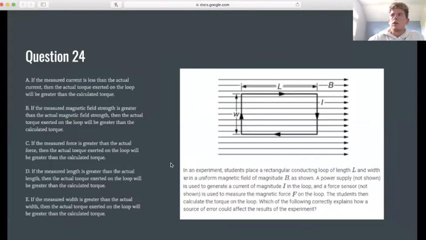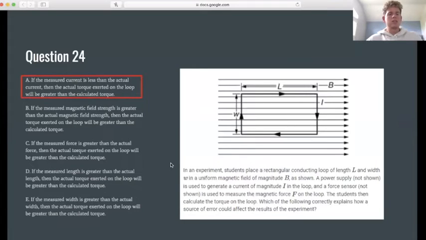And then for question 24, this is a torque question. This is just kind of a conceptual question about how current affects torque and what affects the torque. So it's using the equation that we talked about before, and we can move to the answer.